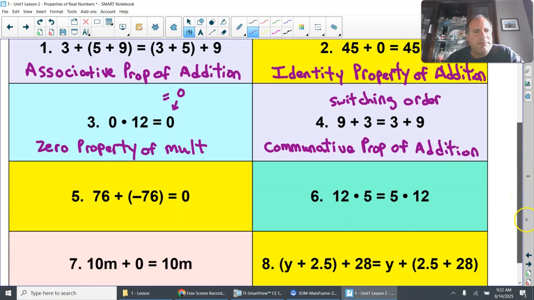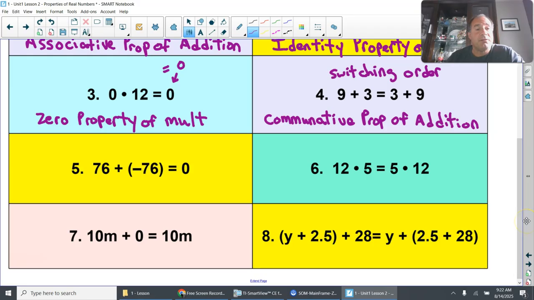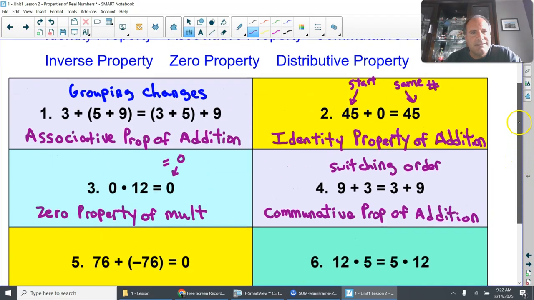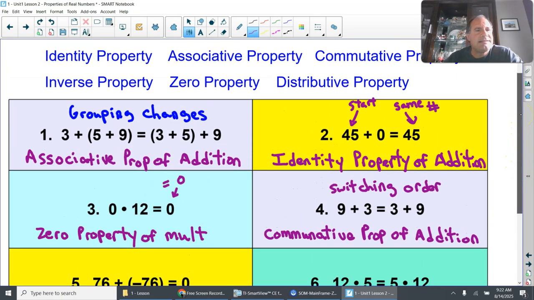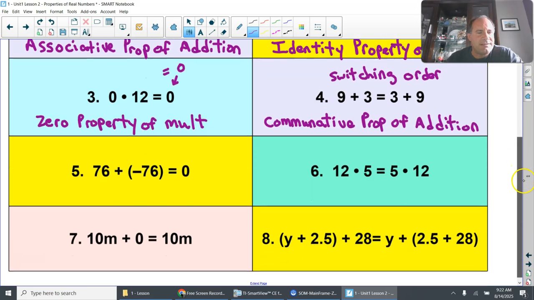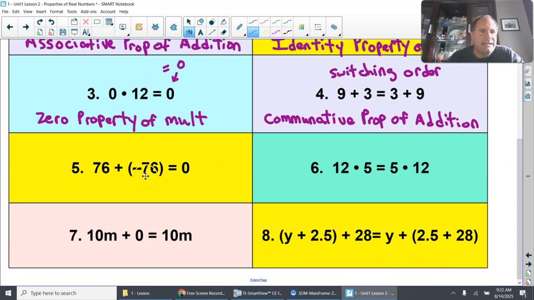And now number 5, 76 plus a negative 76. Just remember, just take a look. It equals 0, but it's not zero property. It is inverse property of addition. It is the inverse, adding the opposite. So that's what I'm going to put up top, adding the opposite.